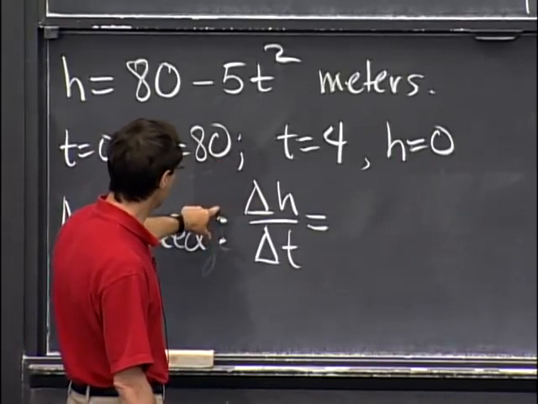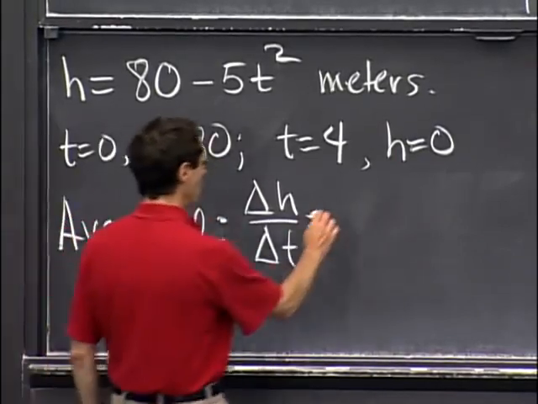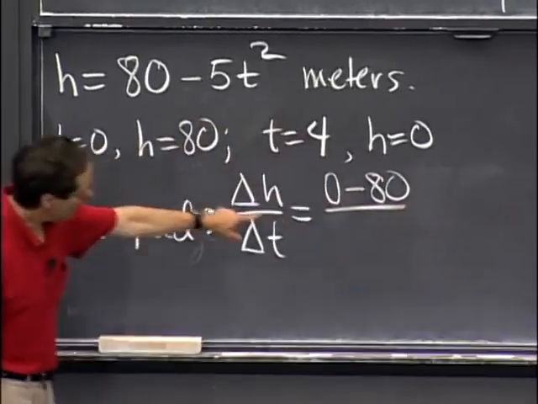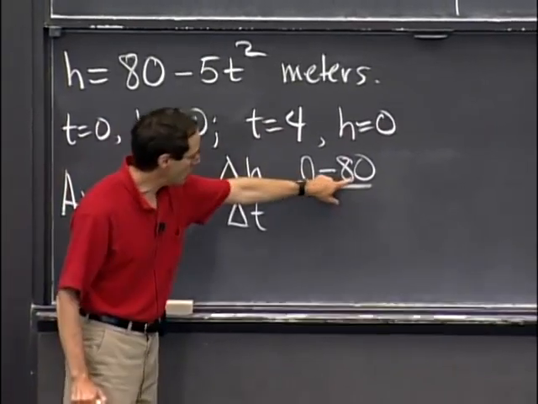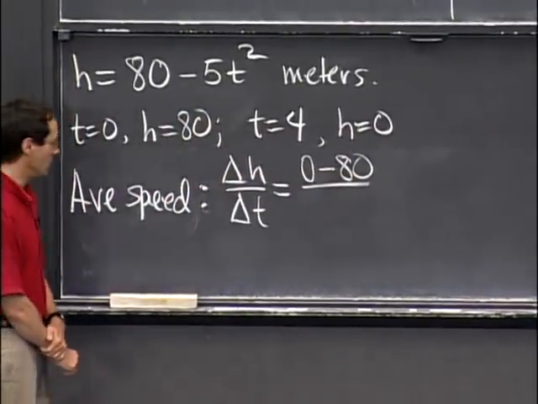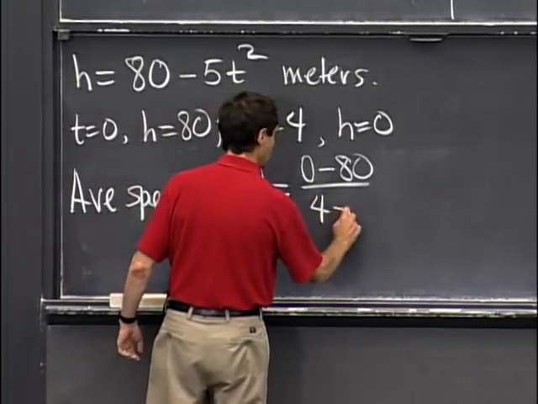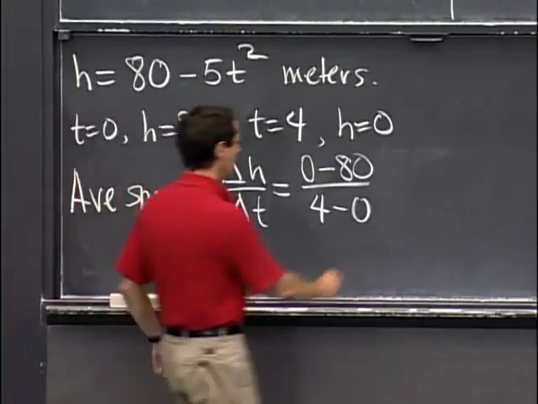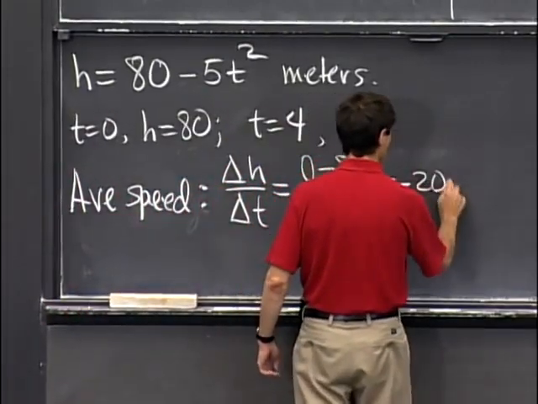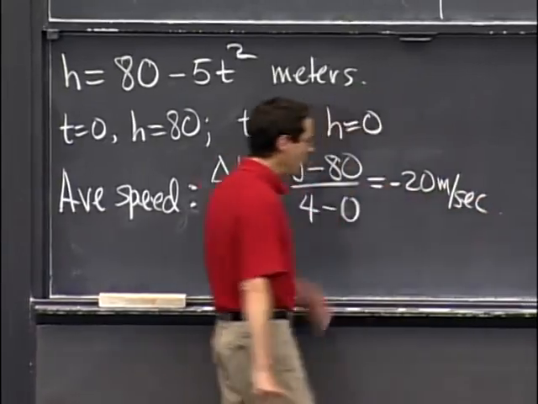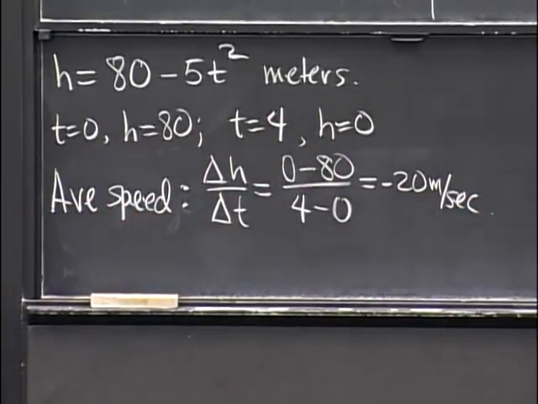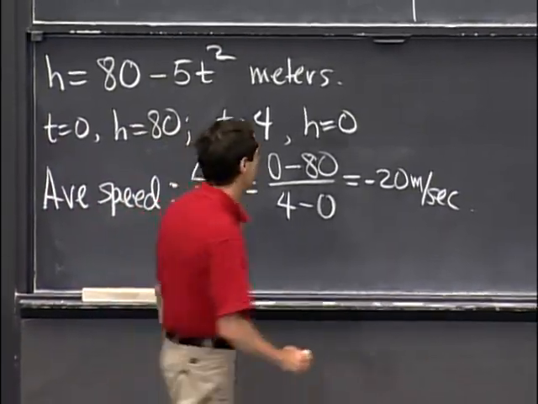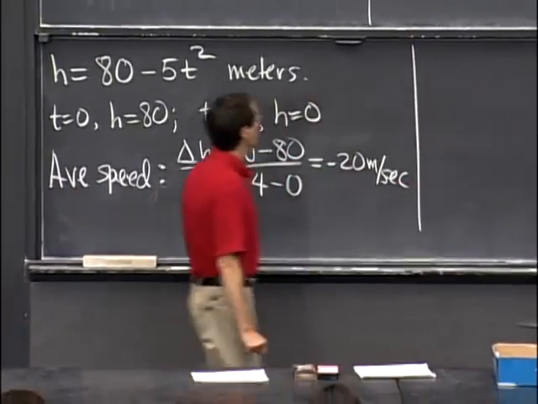And it ends at 0. So actually, we have to do it backwards. We have to take 0 minus 80, because the first value is the final position, and the second value is the initial position. And that's divided by 4 minus 0, time 4 seconds minus time 0 seconds. And so that, of course, is minus 20 meters per second. So the average speed of this guy is 20 meters a second.